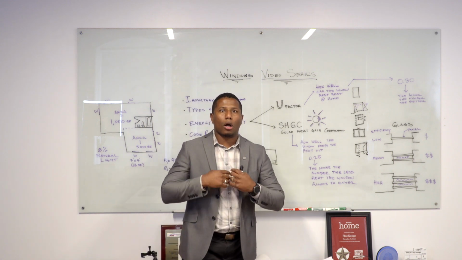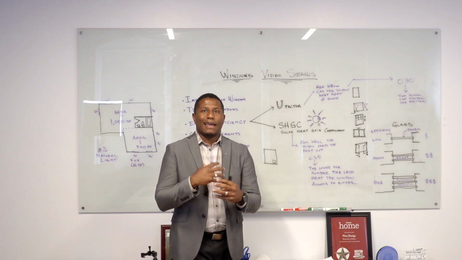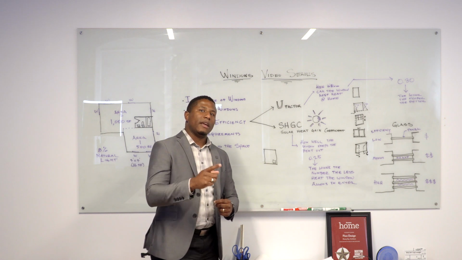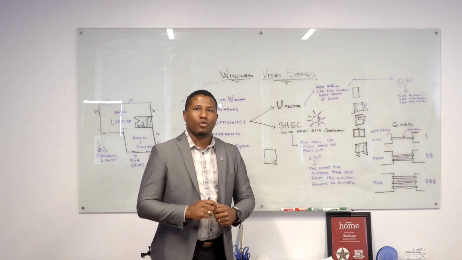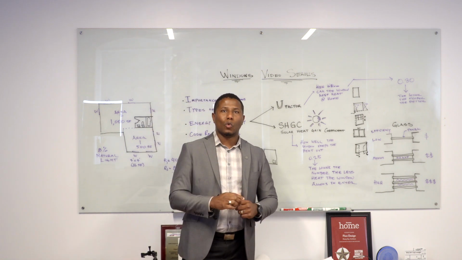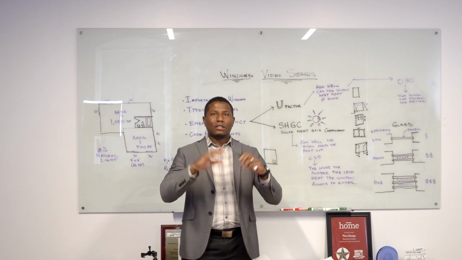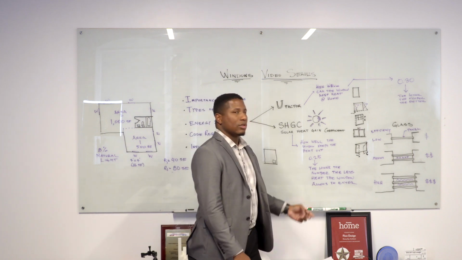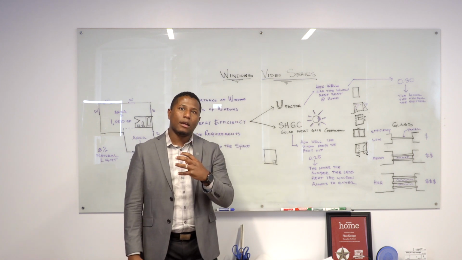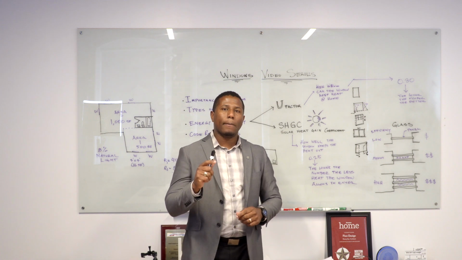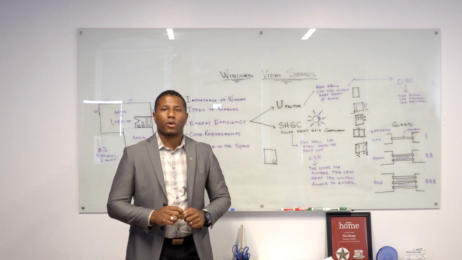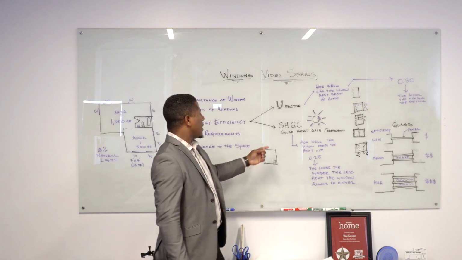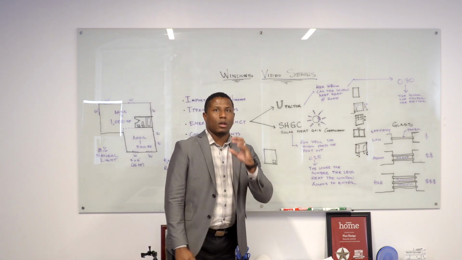You don't want to block the heat, because you want to gain more heat in the winter months. Versus if you live in Florida and you get heat 24/7, all times of the year, you want to make sure that you are blocking some of that heat gain within that window. So it's very important, depending on where you are located within the United States and the world, to understand the solar heat gain coefficient of that window.